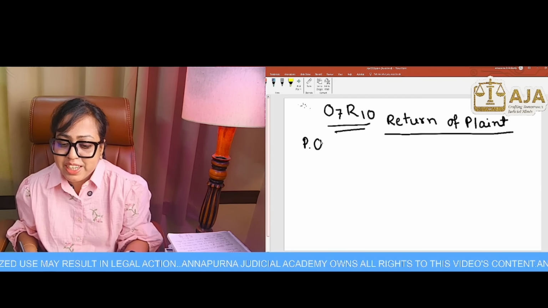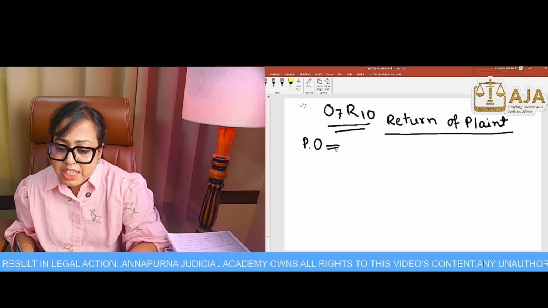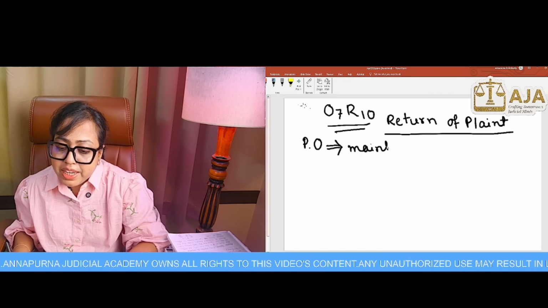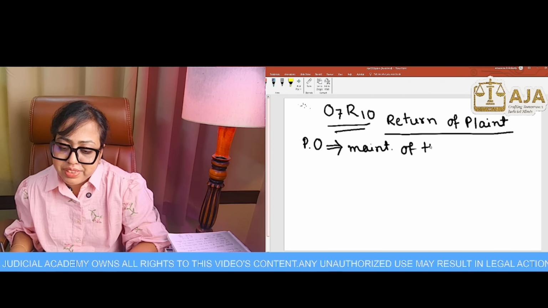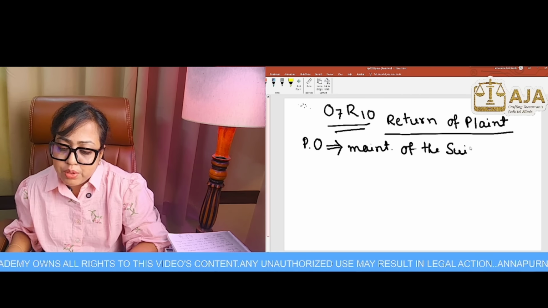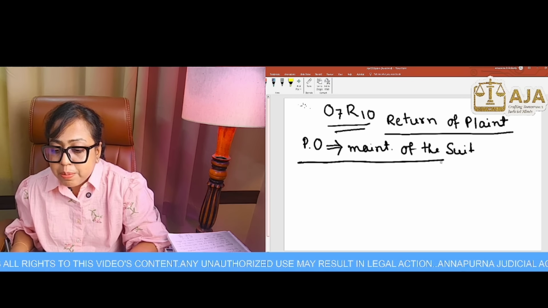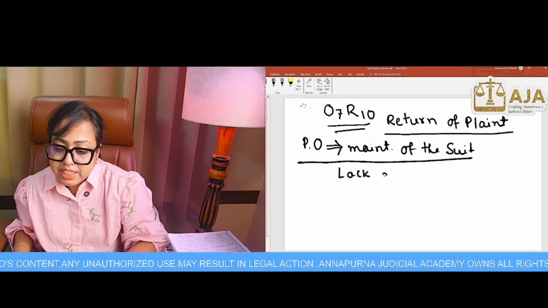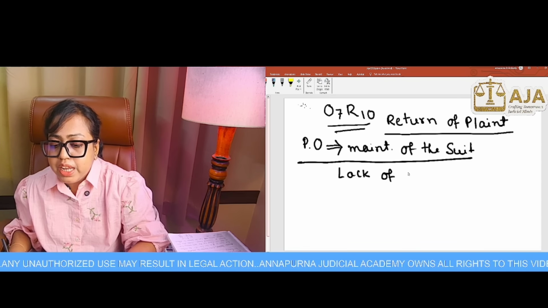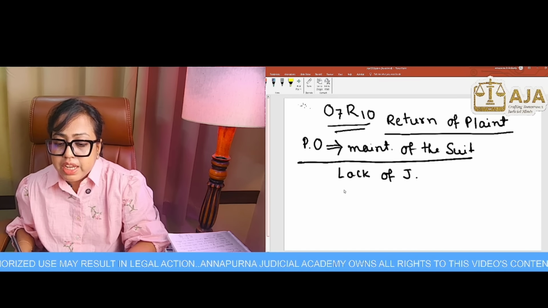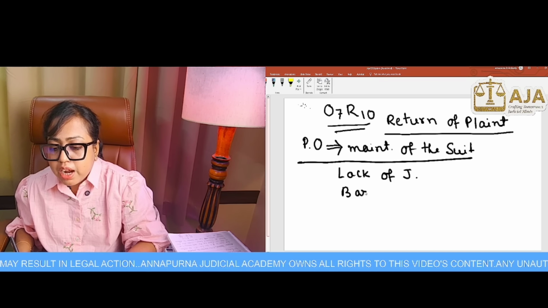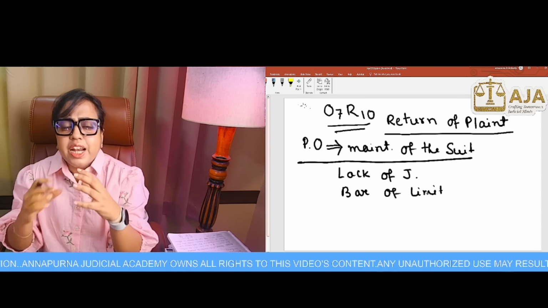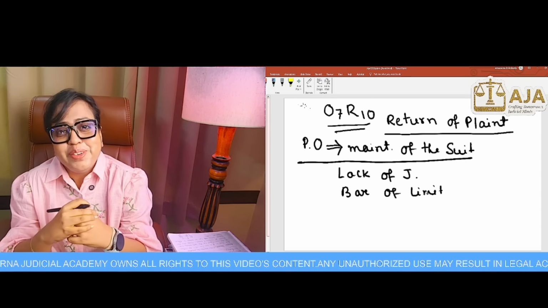These grounds may include lack of jurisdiction, bar of limitation, or so many other grounds also.